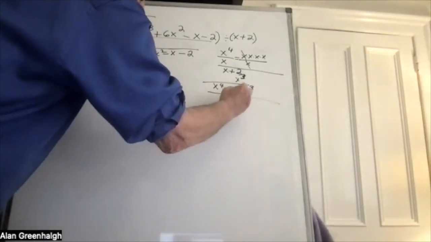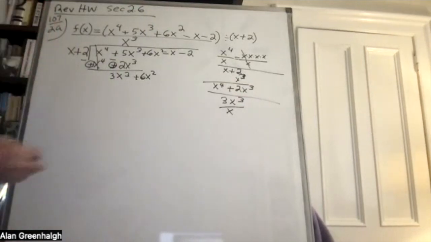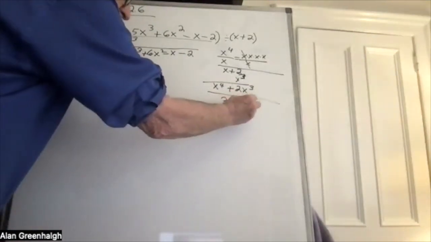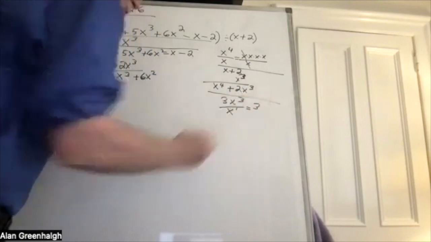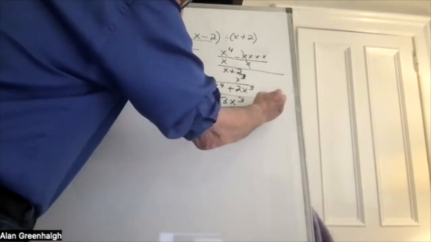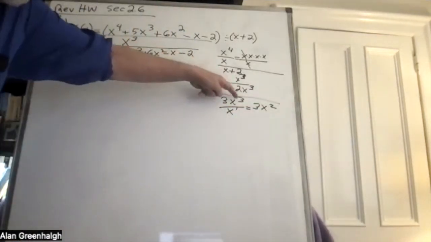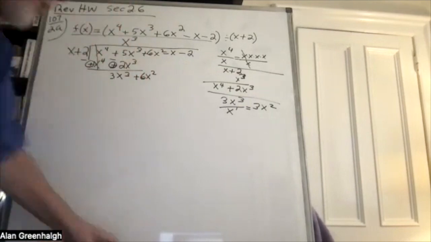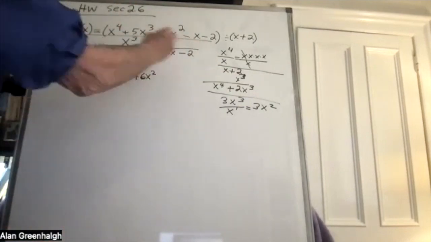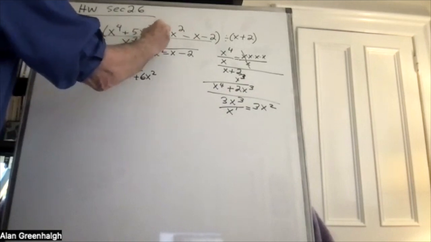As we're going to learn in a little while, when you're dividing monomials, you subtract the exponent. 3 minus 1 is equal to 2. So that's what goes up here. Plus 3x to the second.